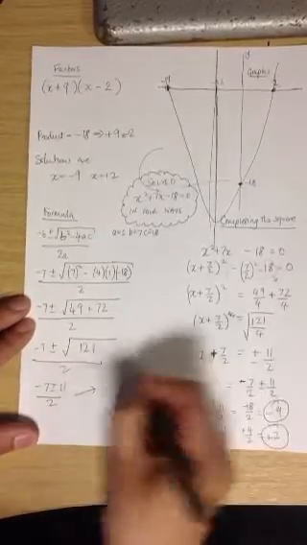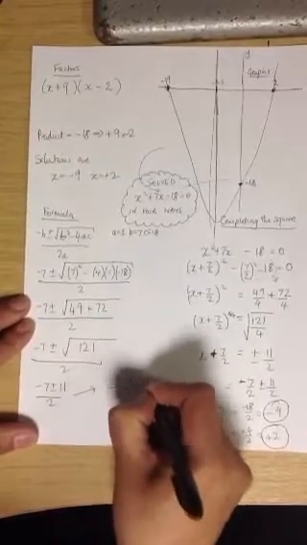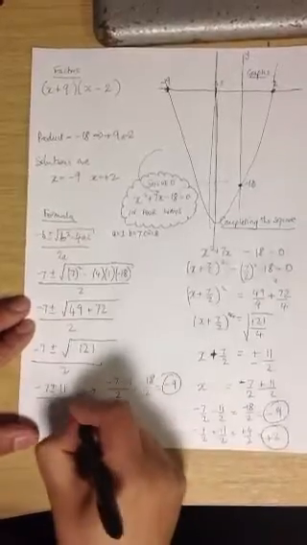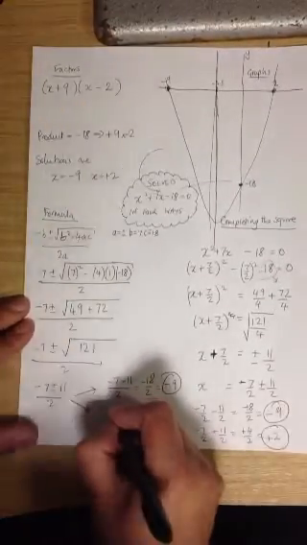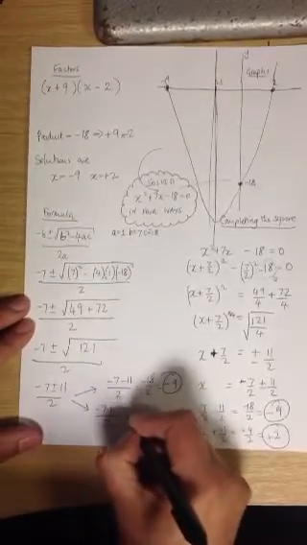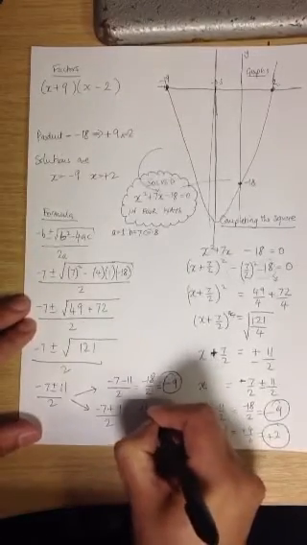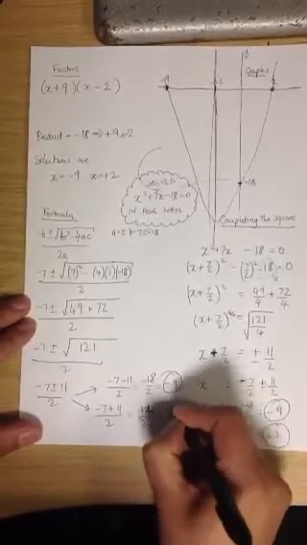The two sums we need to do are minus 7 minus 11 over 2, which is minus 18 over 2, which is minus 9. And the second one is minus 7 plus 11 over 2, which is plus 4 over 2, which is plus 2.